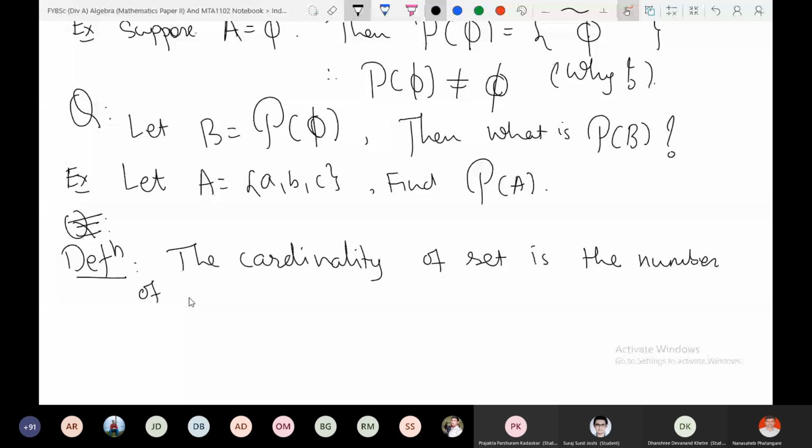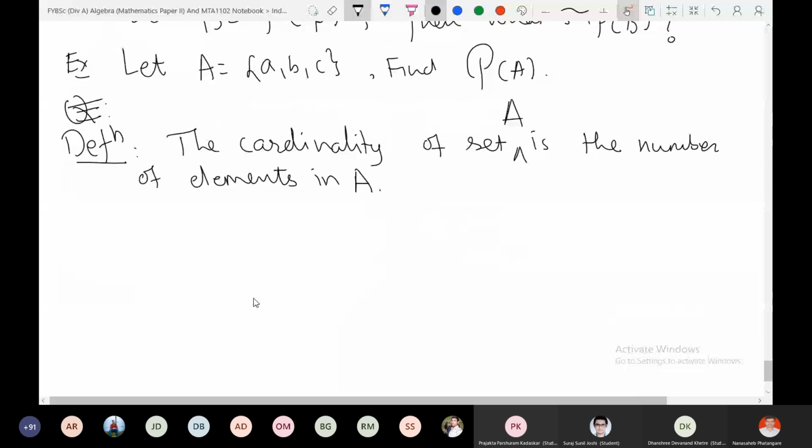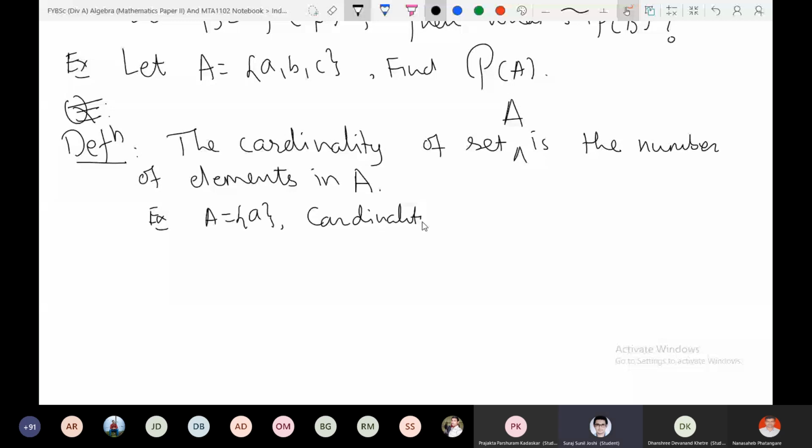The cardinality of set A is the number of elements in set A. The cardinality means the number of elements in the set. For example, if A is a singleton element, then what is the cardinality? One. The cardinality of A is 1.